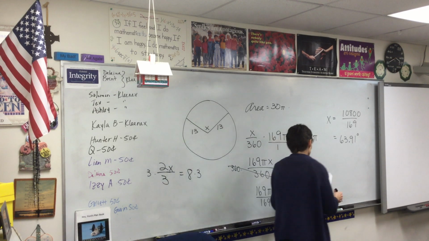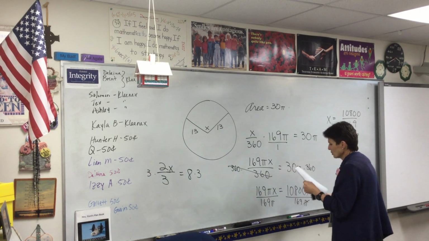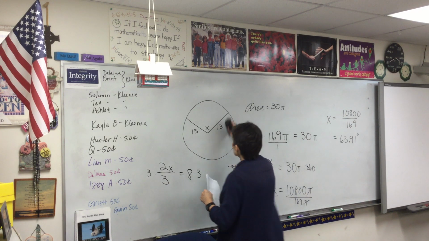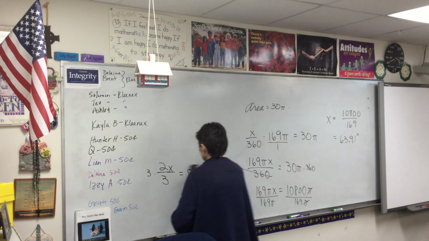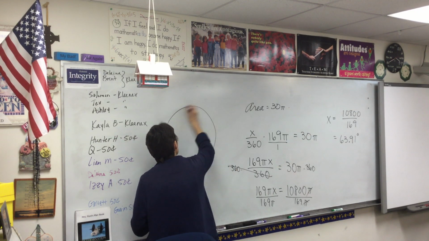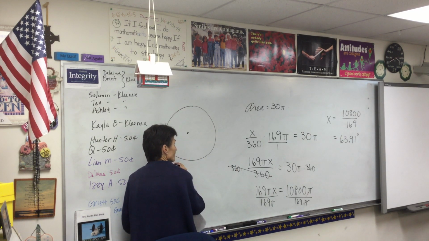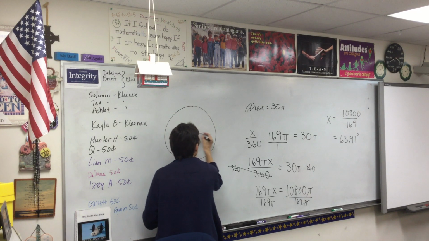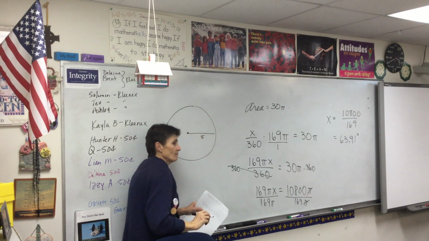A sprinkler irrigates a circle with a radius of 5 meters. So let's draw a picture of this. We got a circle. Here's the sprinkler right here in the center, and it's got a radius of 5.